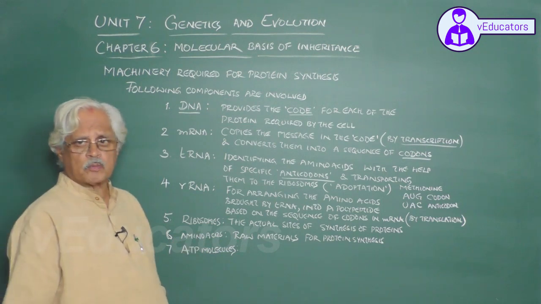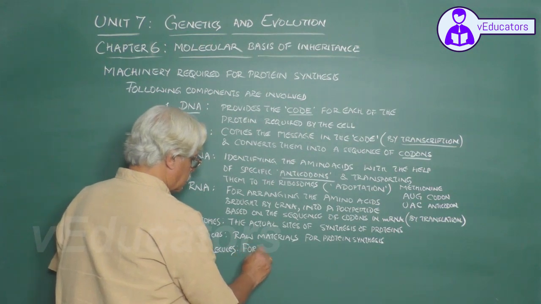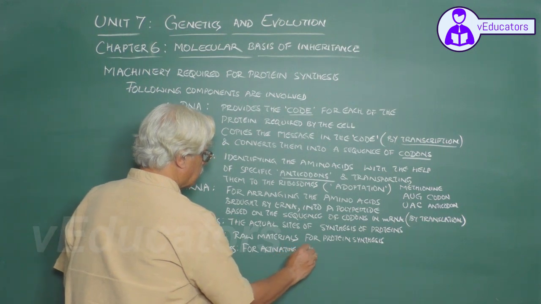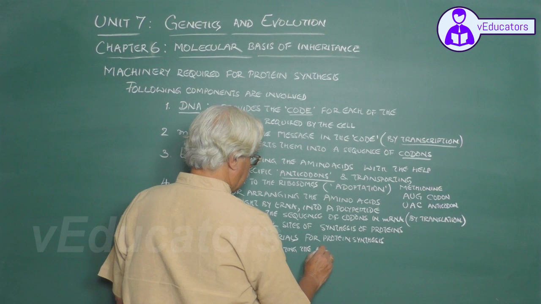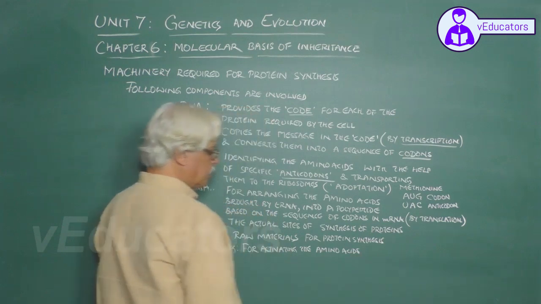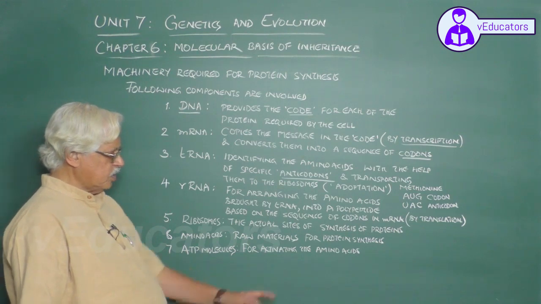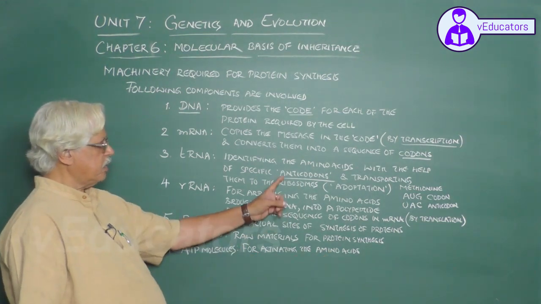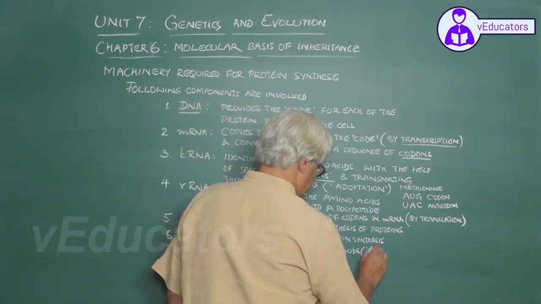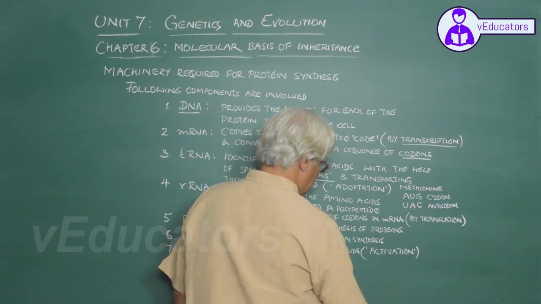ATP molecules, for activating the amino acids. ATP molecules bind with the amino acids and activate the amino acids so that these activated amino acids can be picked up by the tRNA molecules. So this process is called activation.